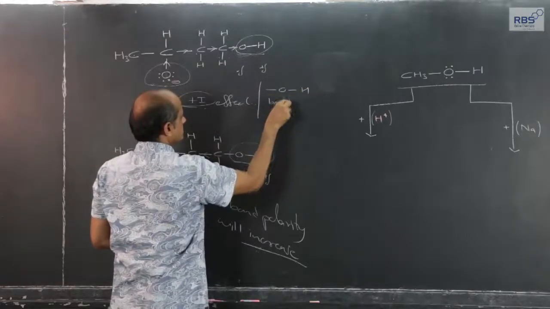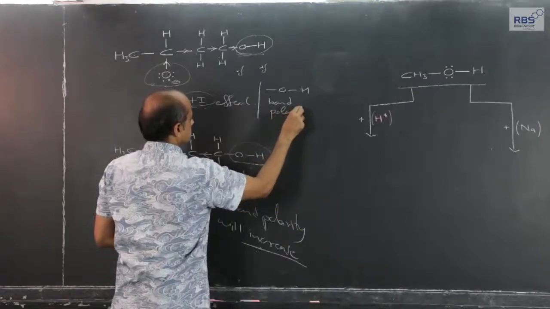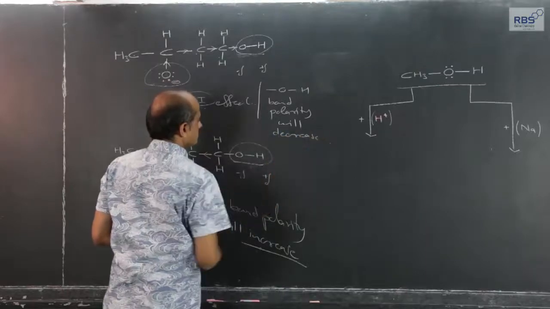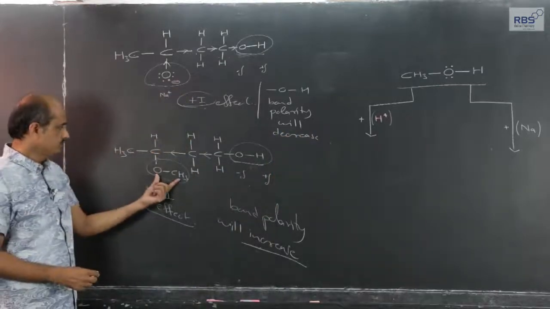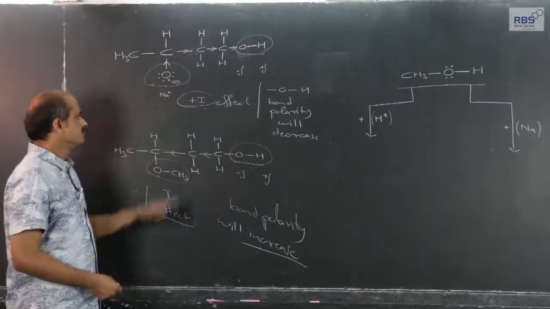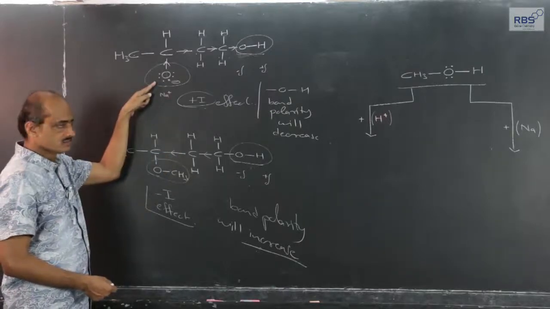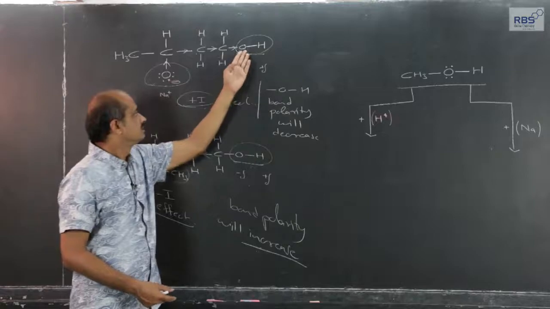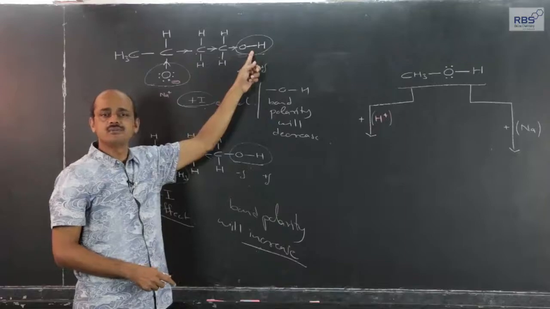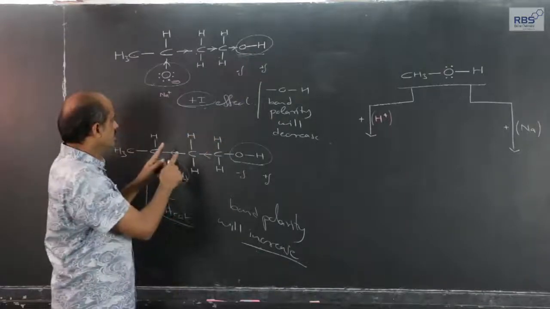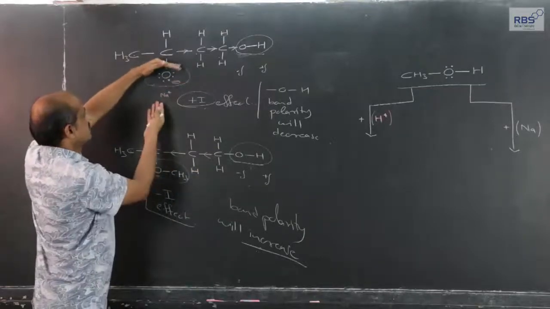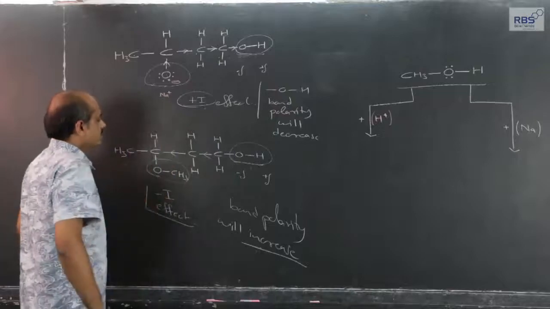So, the alkoxy group to a certain extent increases the OH bond polarity. Alkoxide ion to a certain extent, because of the electron releasing effect, because of the plus I effect, decreases the bond polarity. Everything else in both the examples is the same, except here it is methoxy group and here it is alkoxide ion. So, this is a very interesting example.